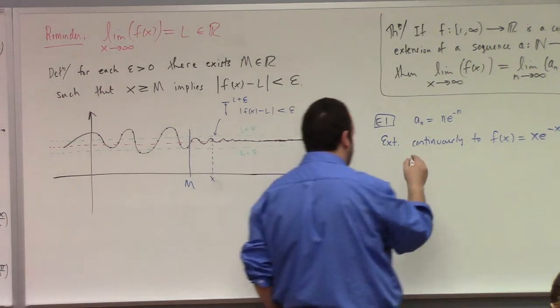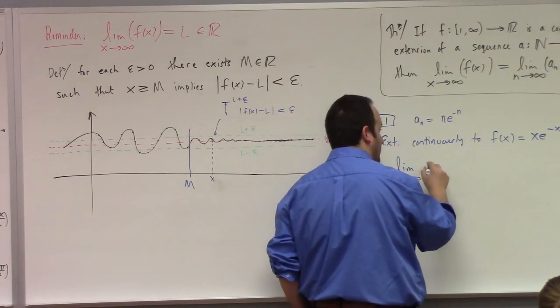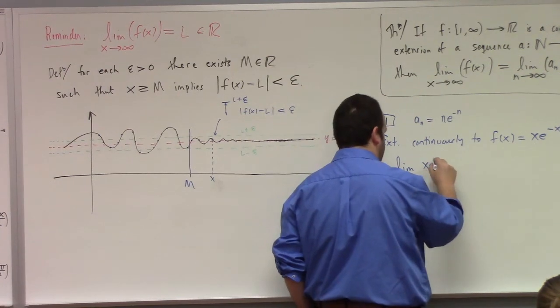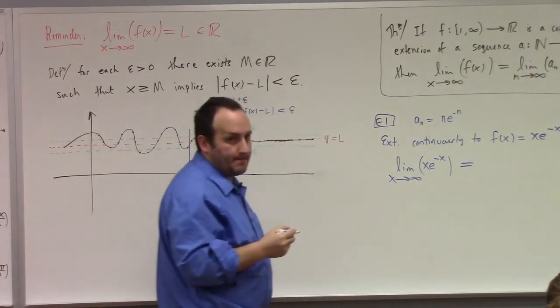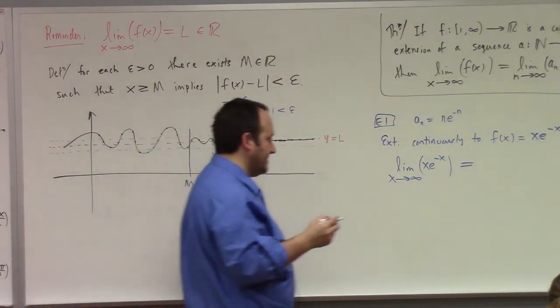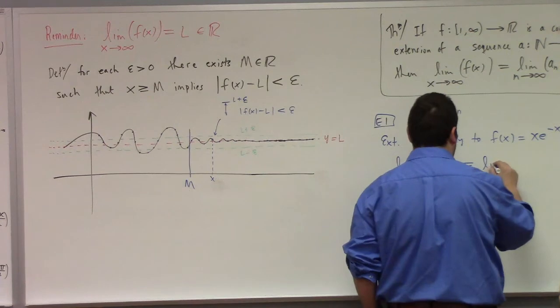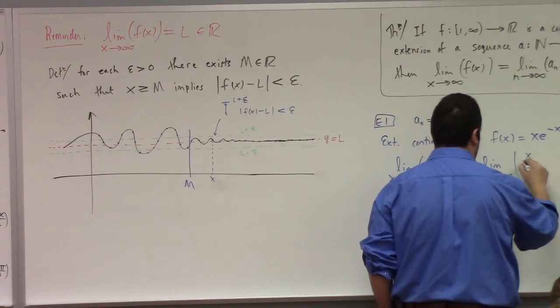And then what can we do with the limit as x goes to infinity of x e to the minus x? How do we calculate that? I'll just repackage it ever so slightly: the limit as x goes to infinity of x over e to the x.